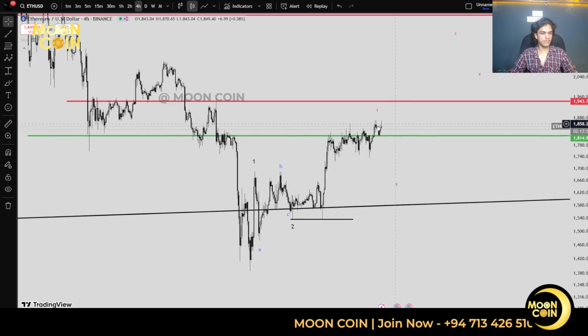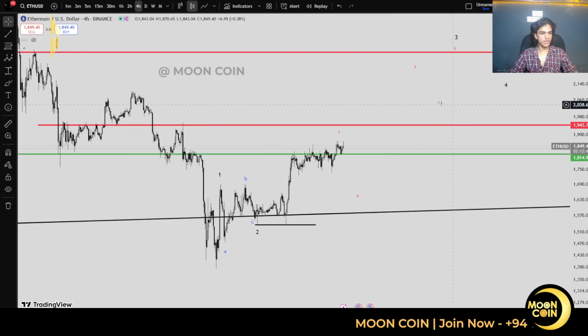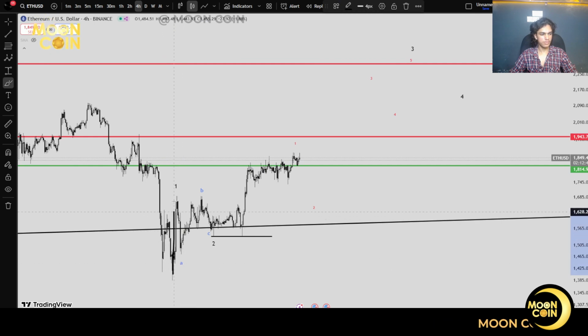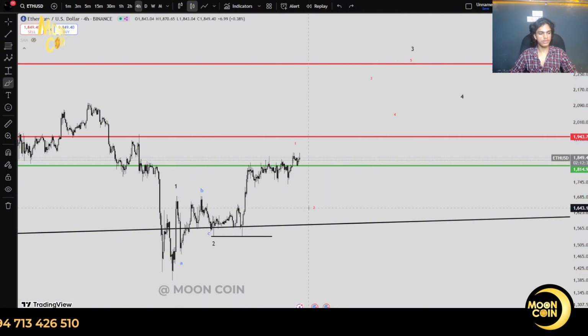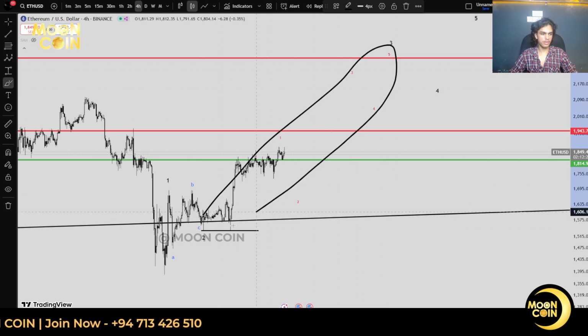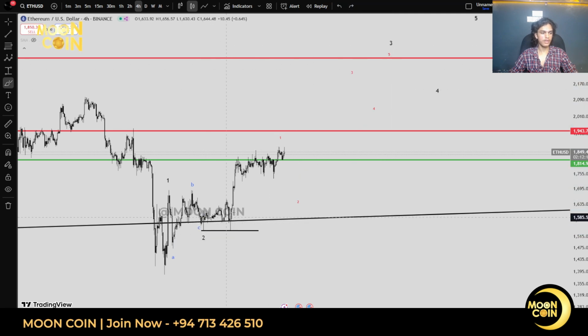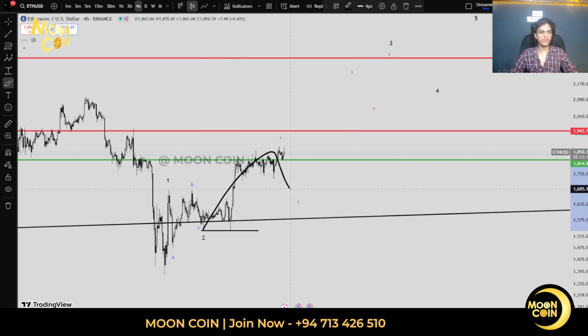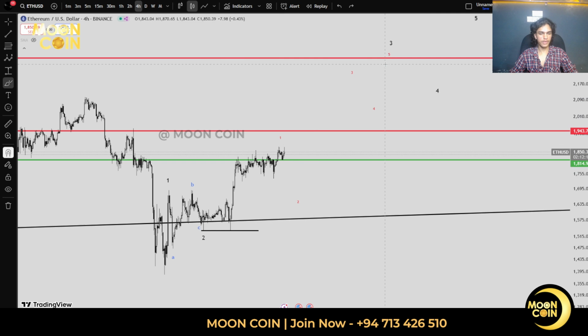If you take the one-to-one theory here, you can see the first wave, 1 2 and 3. Now we are on the third wave. To complete this third wave, the market should go through the 5-wave pattern here.